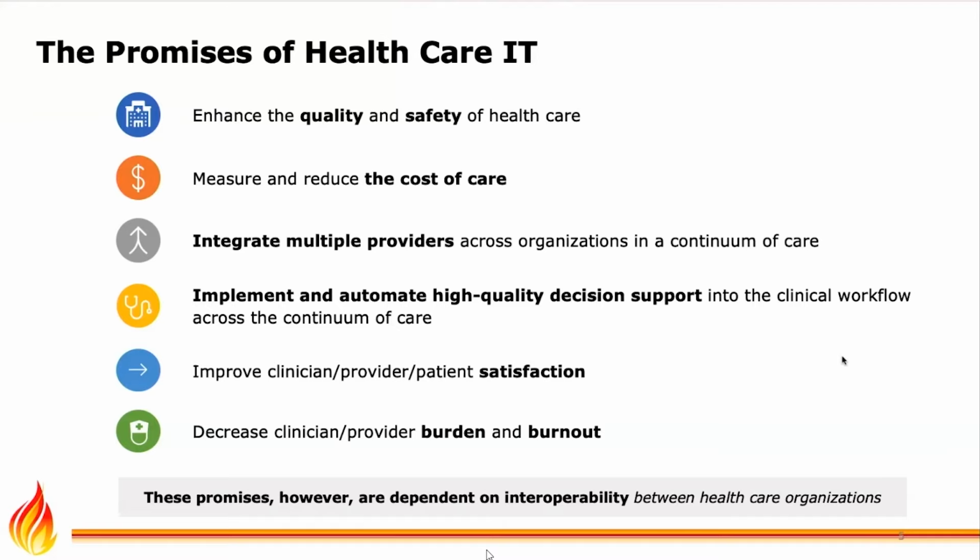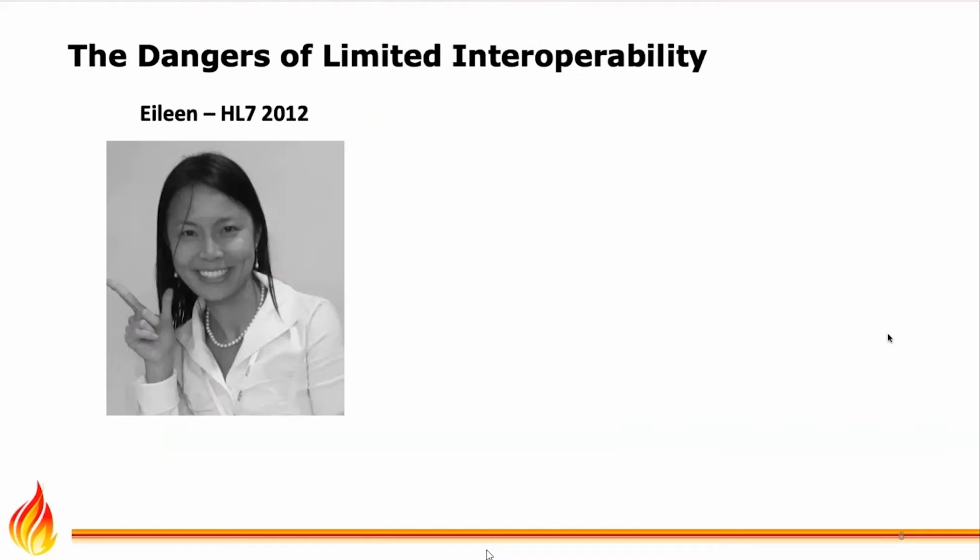And by doing all of this, we're going to make patients happier and healthcare workers happier and decrease their burden of work. Isn't that what we all think is going to happen? That's the prayer, right? That's the vision. That's where we are. The thing is that all of this depends on the interoperability between these healthcare organizations.